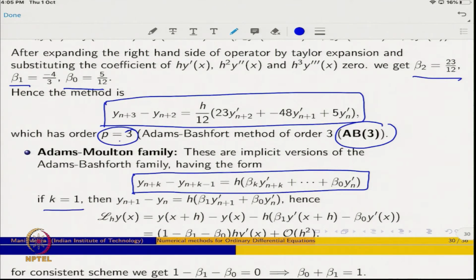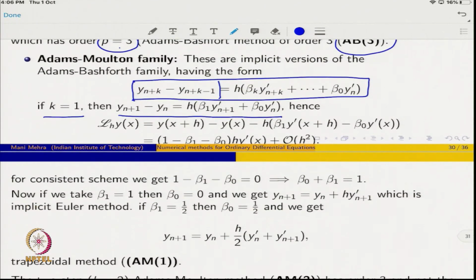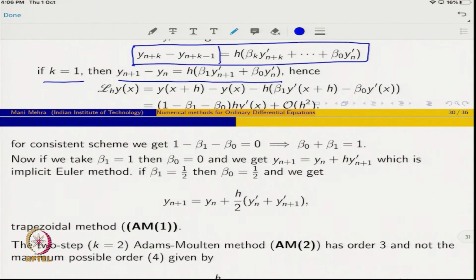If k is equal to 1, the difference equation will be this, and hence we will find the coefficients in such a way that the resulting difference scheme becomes consistent, while the stability polynomial in this case again satisfies the root conditions, which you can observe from the left hand side. So, we get this, which is the implicit Euler method. Finally, we get this method which we call AM1, a one-step method.